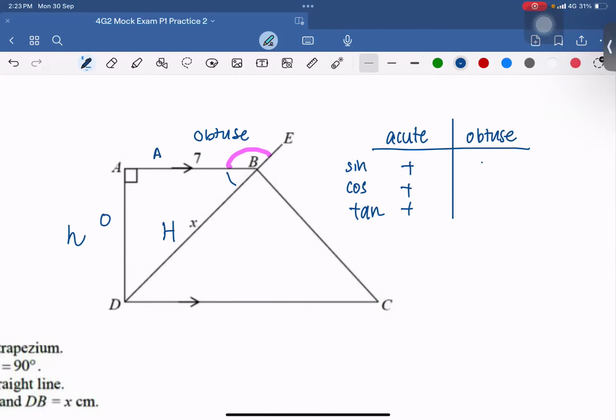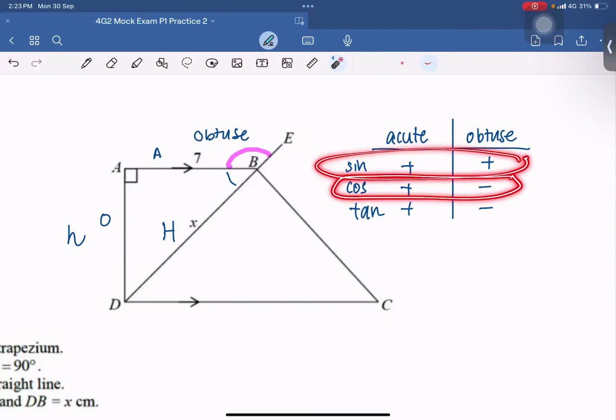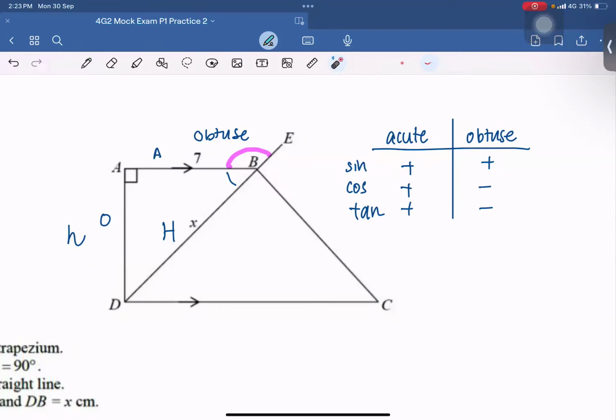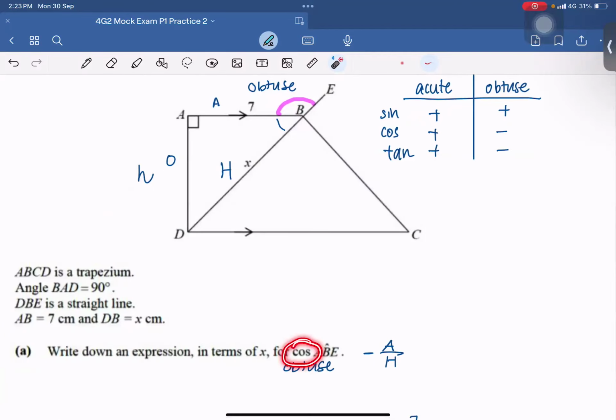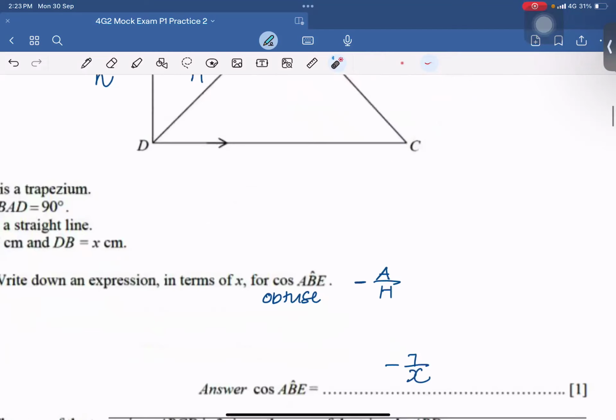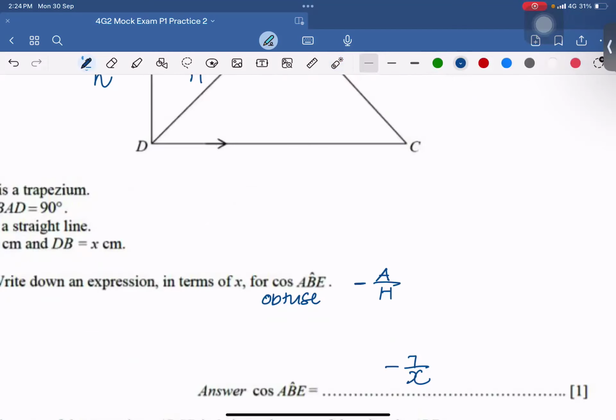Obtuse angle, only sine is positive, cosine and tangent are negative. But for obtuse angle, only cosine and sine are tested in the syllabus. So from here you can easily observe if I have an obtuse angle and I want to find cosine, it will give a negative answer. And this question over here is asking for find cosine.